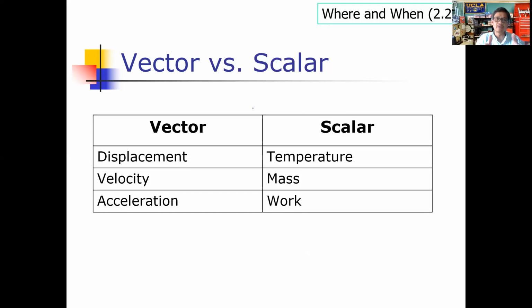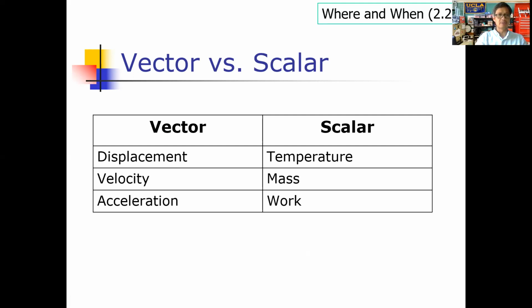However, if we take a look at the left-hand column, displacement, velocity, and acceleration, those all describe motion. We'll talk about each in turn in this unit, but because they all describe motion, we can measure displacement, velocity, and acceleration. Because they all describe motion, we also have to include in our description the direction in which each of these occur.